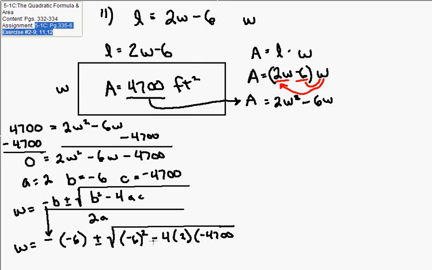Okay? Now remember, subtracting a positive is the same as adding its negative. And this is all over 2a. And so we have, this is 2 times 2. All right?